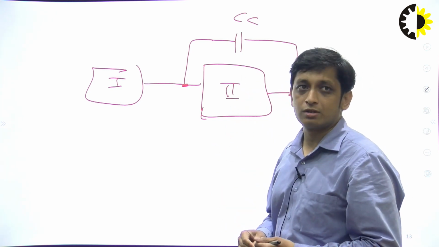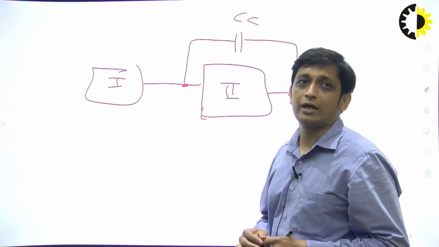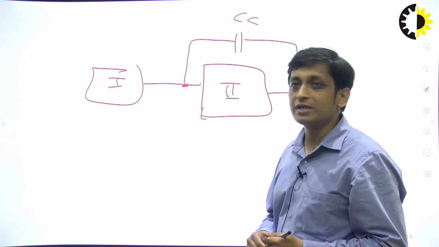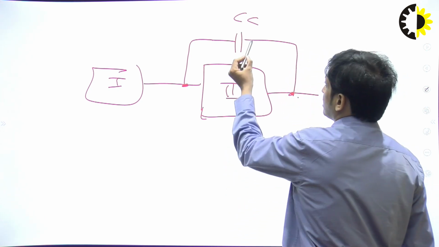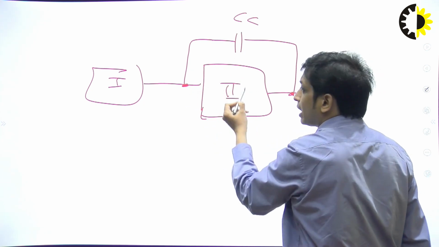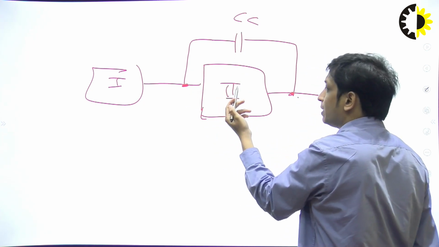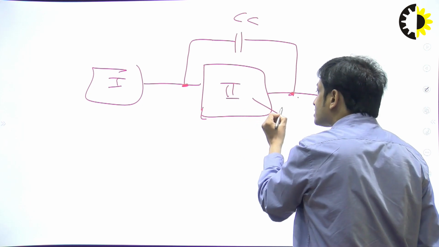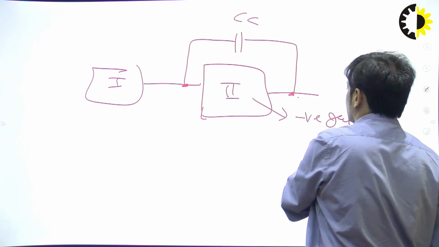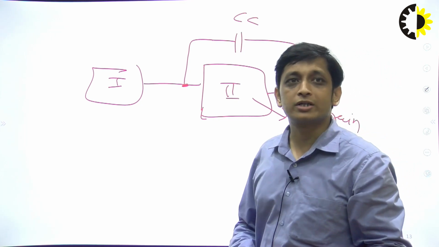And one important thing is that when we use the frequency compensation technique, the Miller compensation, it is important that the Miller loop gain should be negative. It means that if we have connected this compensation capacitor across the second stage, the Miller loop gain should be negative. This second stage amplifier should give negative gain in order to stabilize the circuit.